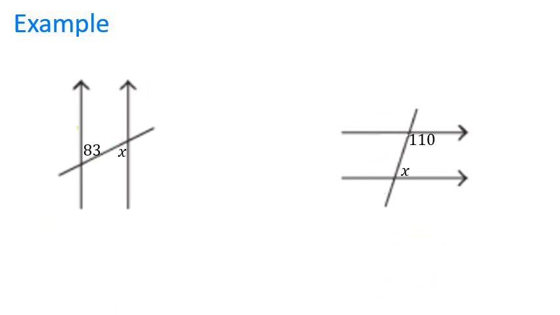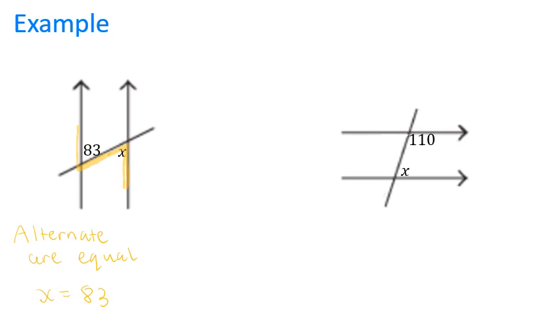I draw in the corners, which makes a Z shape, even though it's kind of upside down, which is alternate. And alternate angles we know are equal. So x equals 83.